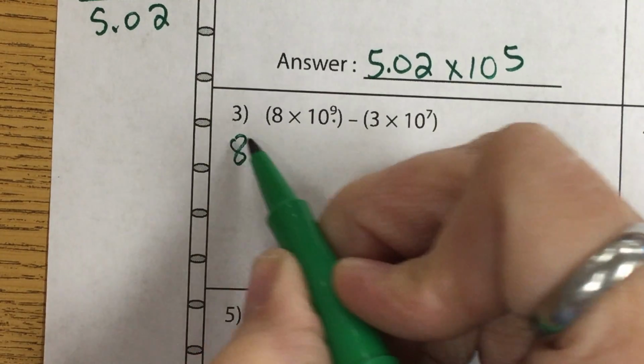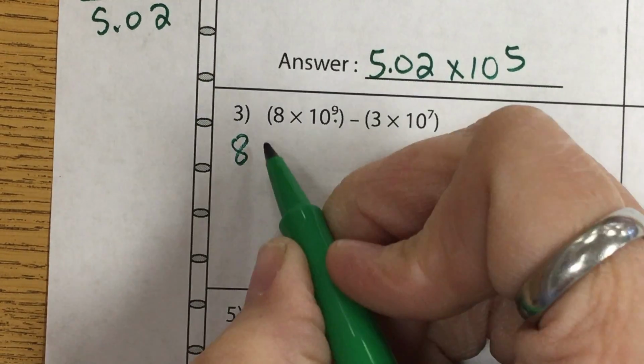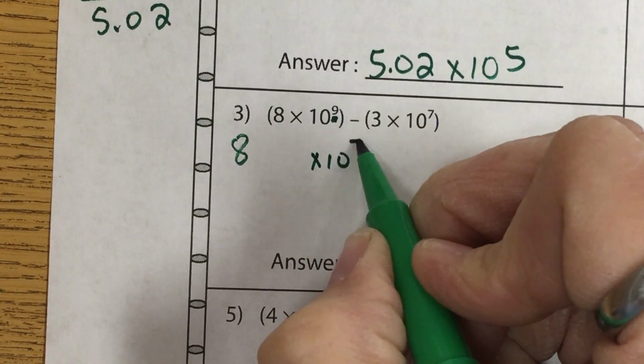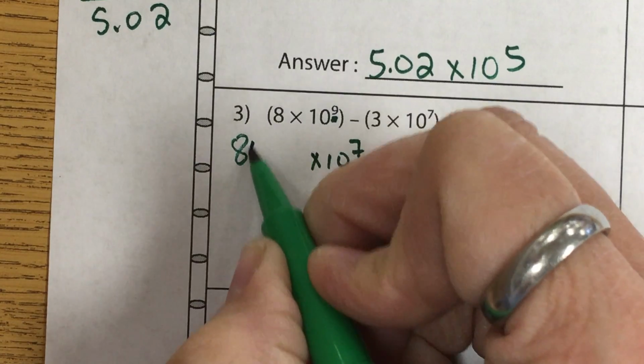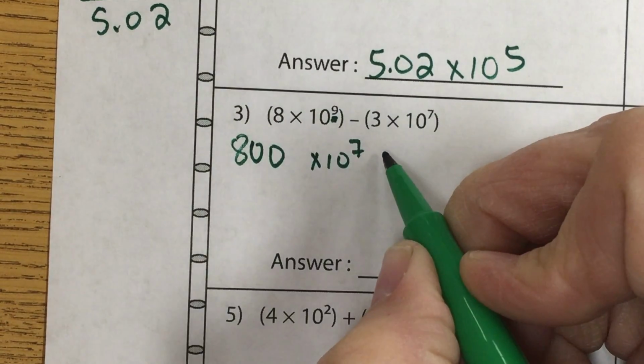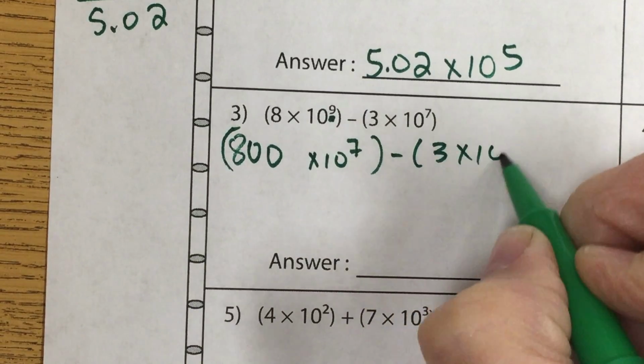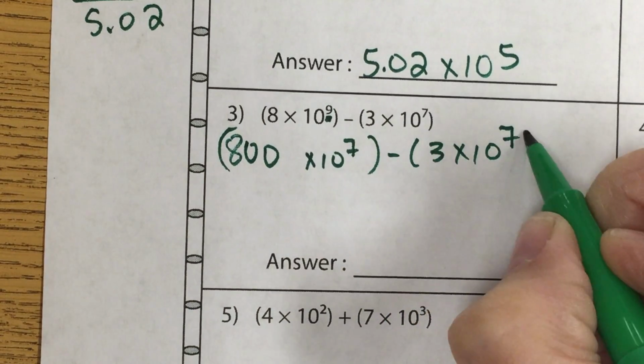So I'm going to make that go down to 8, and because I'm making this one smaller right here by 2, I need to make this one larger by 2. And then we're subtracting 3 times 10 to the 7th power.